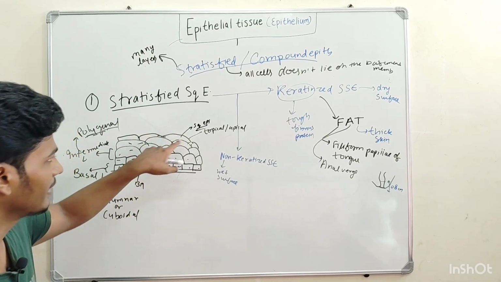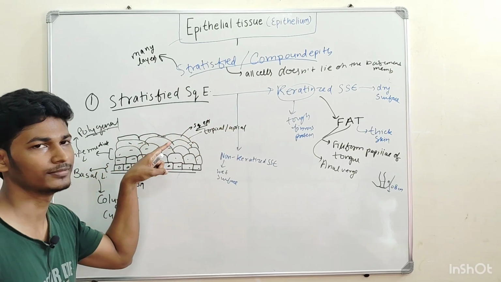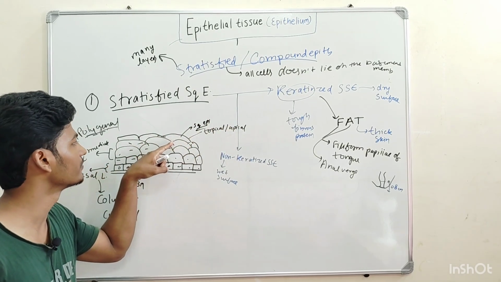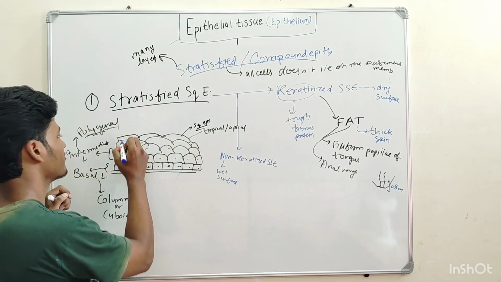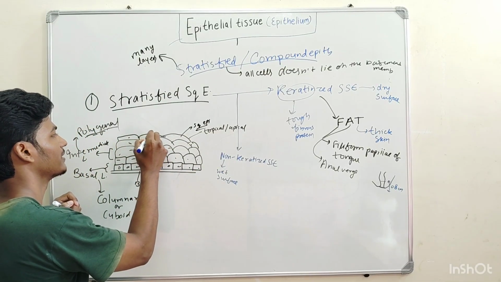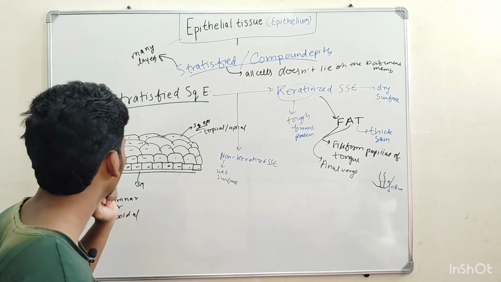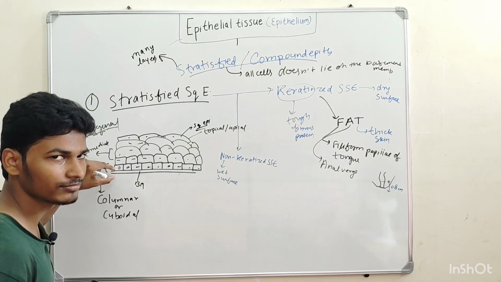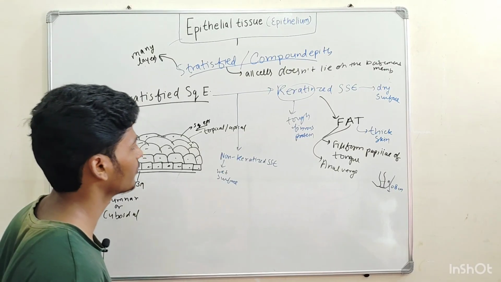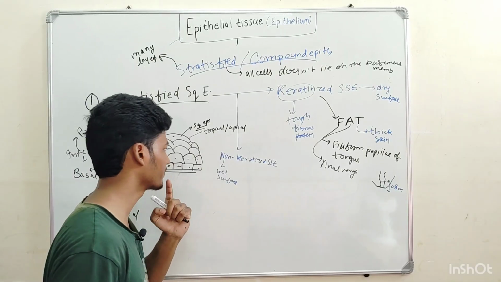If it is non-keratinized, then the nucleus will be present because this is not a dead cell. Okay, and the basal cell is always growing and dividing.